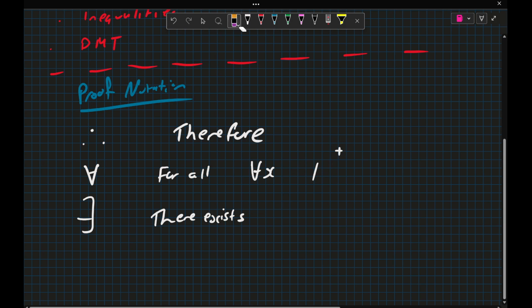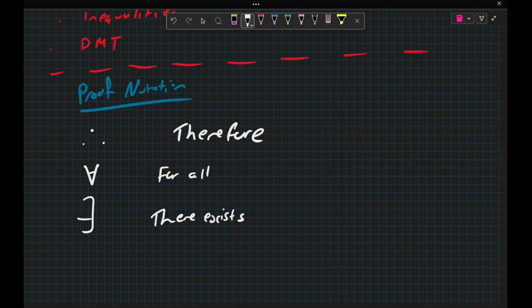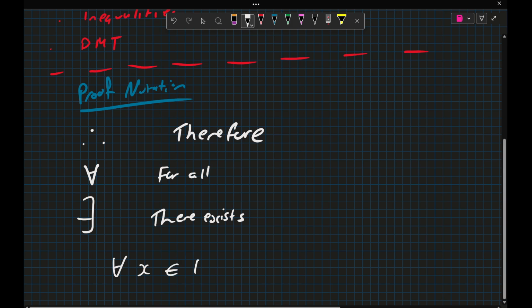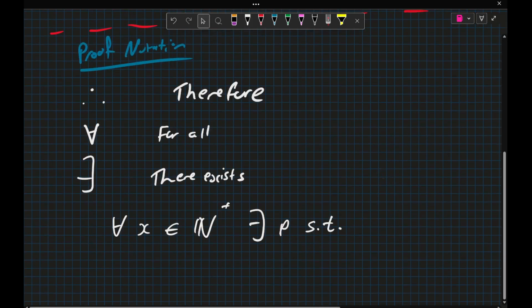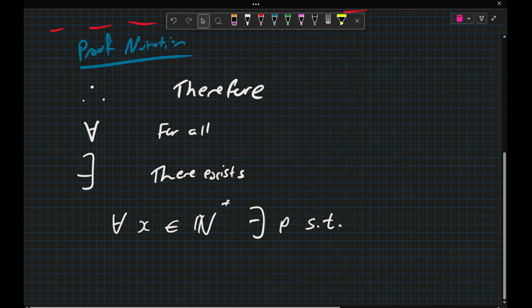So for example, using all of these together, if I were to write for all natural numbers, there exists a square of that number, I would write for all any number that's an element of the positive integers, there exists some number p. So there exists a p such that, there is a special symbol for this, but we'll get onto that later.